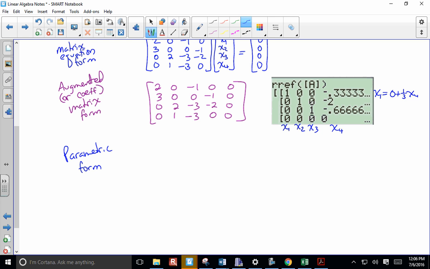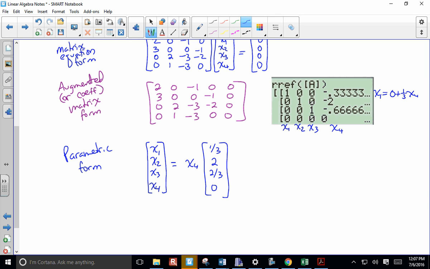But if you want to jump right to the parametric form, x1, 2, and 3 would each be, in theory, in terms of x4. So we could write it as x4 times 1/3, 2, 2/3, and 0.